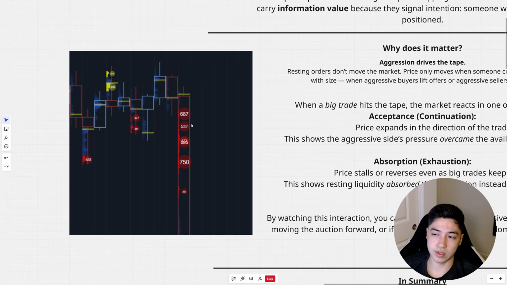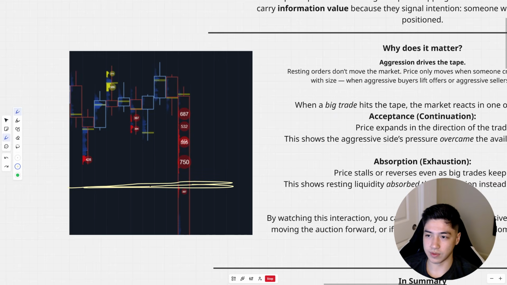And when you see this happen, this is a perfect example of something that you do not want to try and reverse. If you see all of this selling pressure coming in here, and maybe you had a level right here, or let's say you were looking at some type of level right here, and you're considering buying in this area.